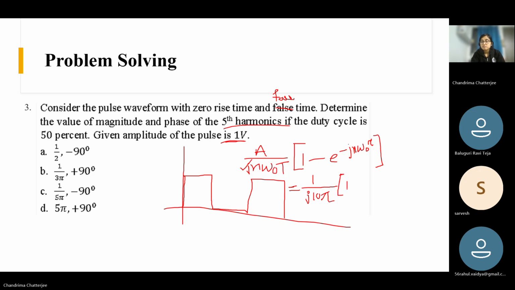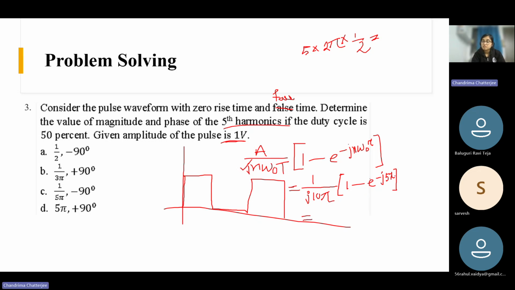And 1 minus e to the power minus j omega naught tau by T, so 2 pi into... this becomes 5 pi, right? n is equal to 5, then 2 pi, then tau by T is half. So this is 5 pi.